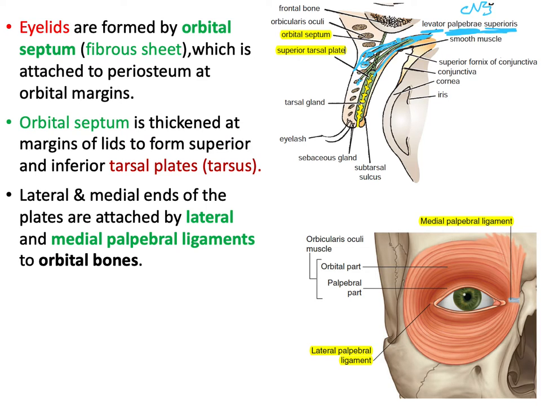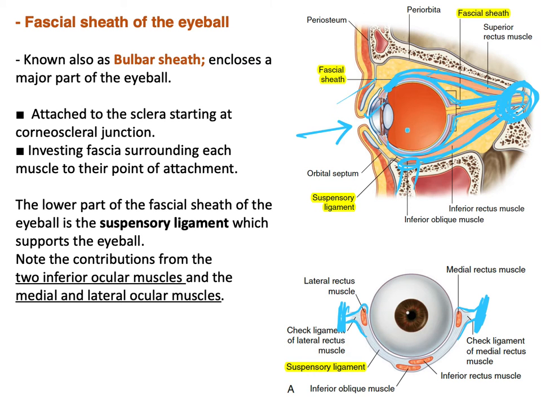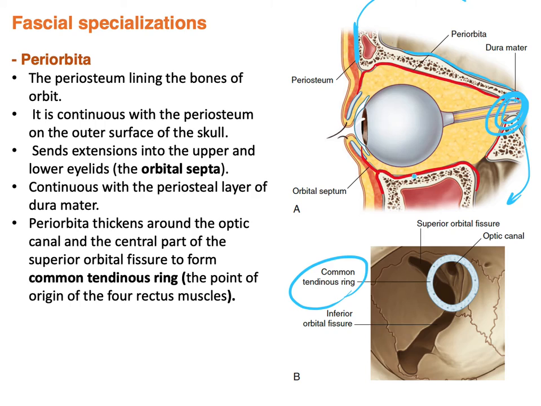Now, you remember the lining of the orbit? As I mentioned earlier, it gives a septa here in the eyelid called the orbital septum. Let me remind you that this is the periorbita.